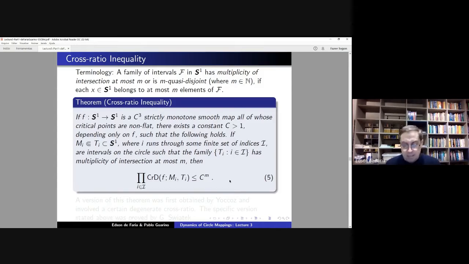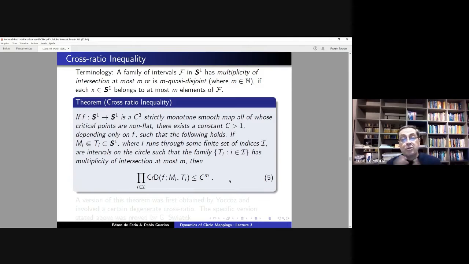Okay, and I'm not going to give you the proof, but the idea of the proof is that when your pair of intervals M_i, T_i is far away from critical points, then you can use some diffeomorphism estimate, something like bounded variation or nonlinearity.